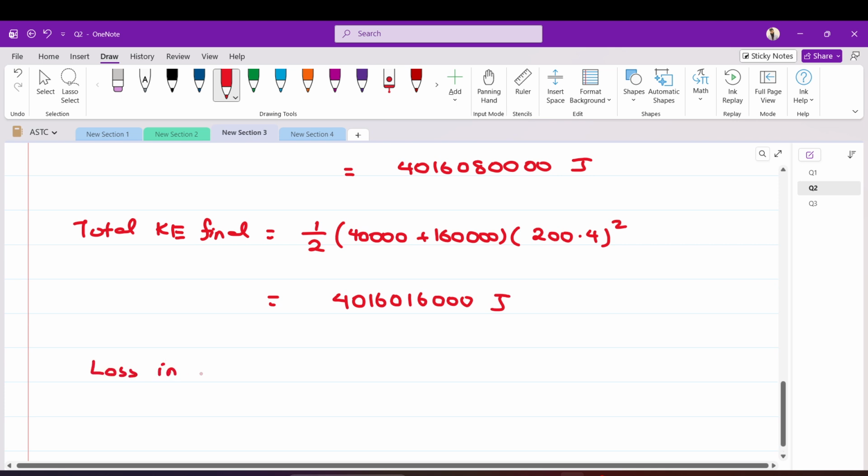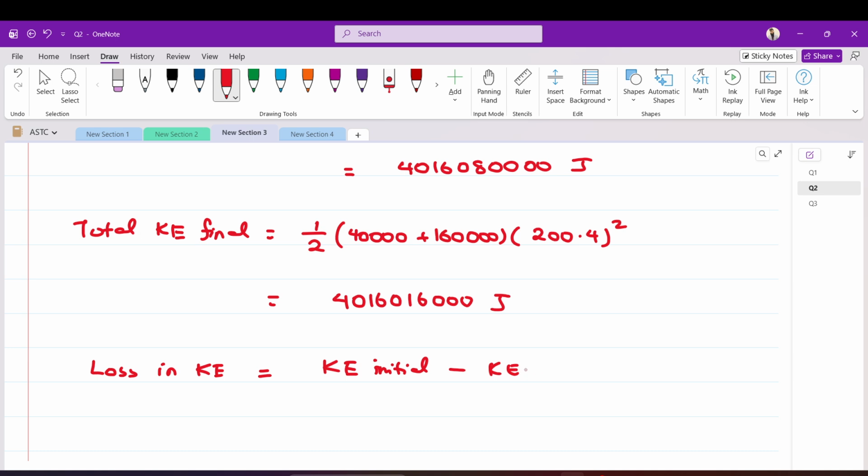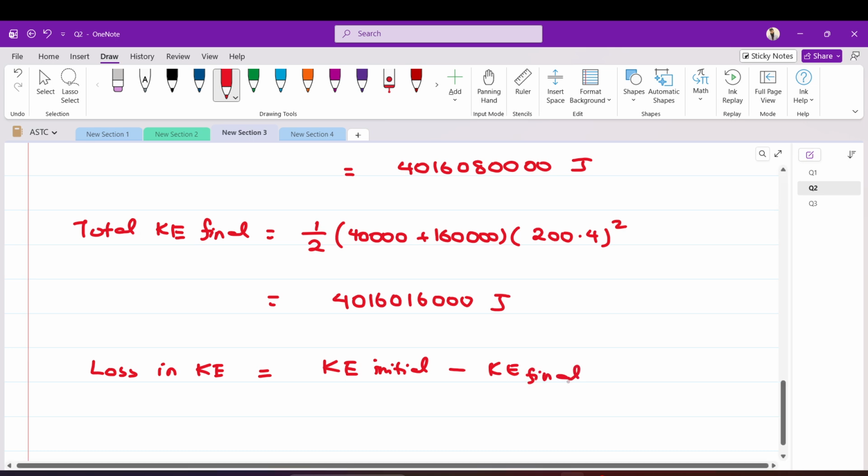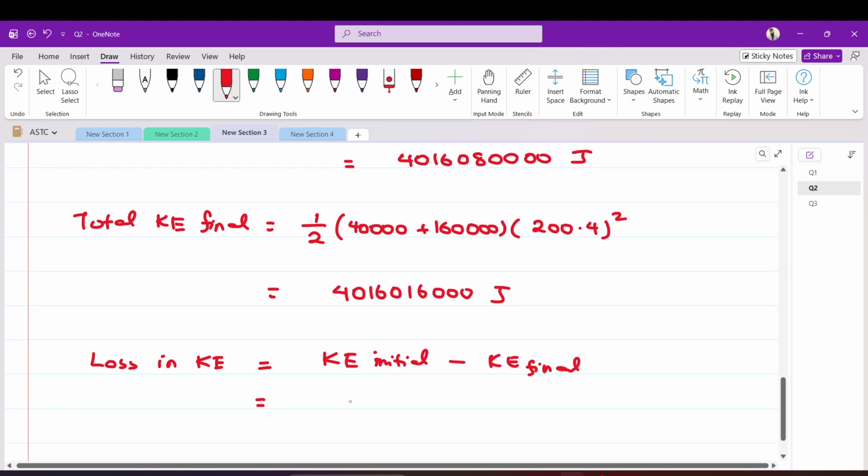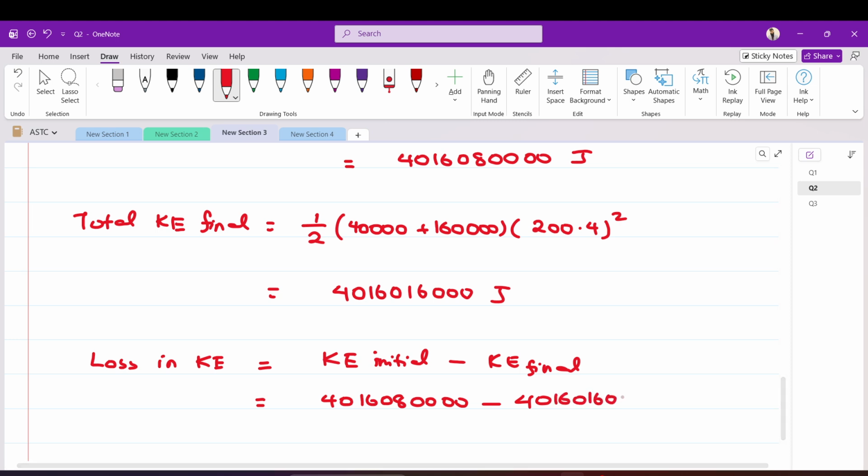Now the loss in kinetic energy will be the initial kinetic energy minus the final kinetic energy. Let me write this down. This will be 401608 and then four zeros, minus 4016016000.